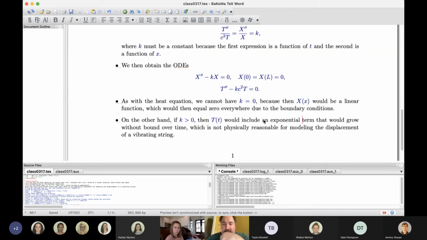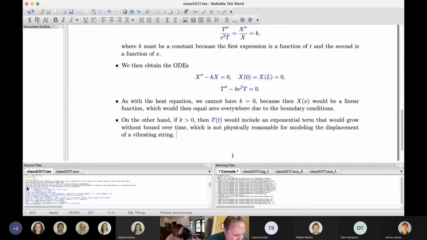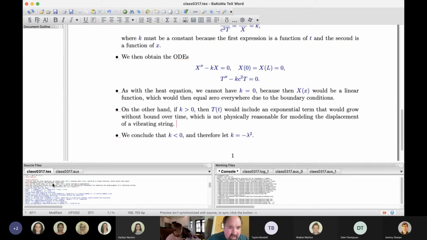And that exponential term that would grow over time is a non-physical solution, because you're not going to have a vibrating string that has displacement growing over time without bound. It's just not physically possible. So we rule out the case of positive k also. So negative k is all that's left.